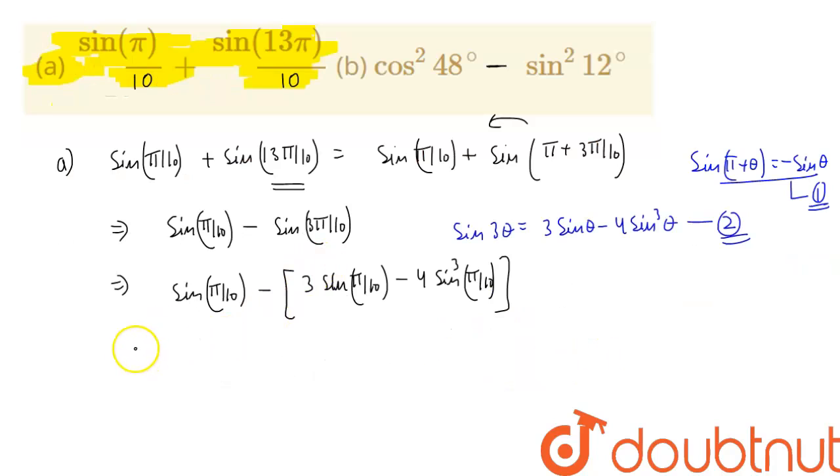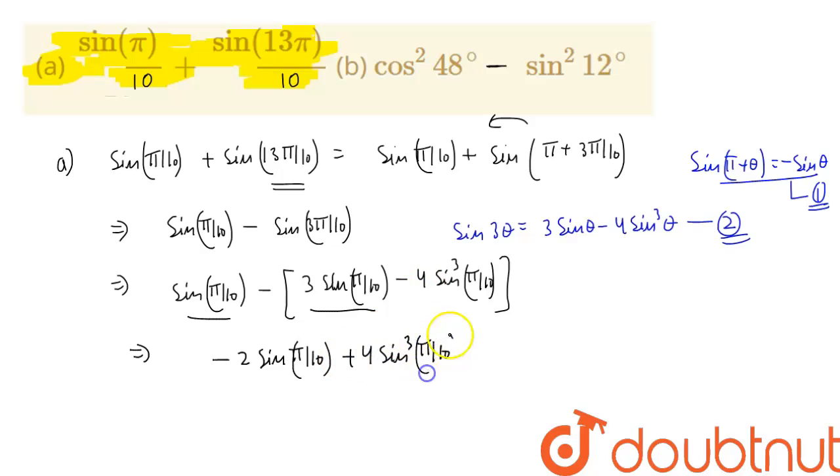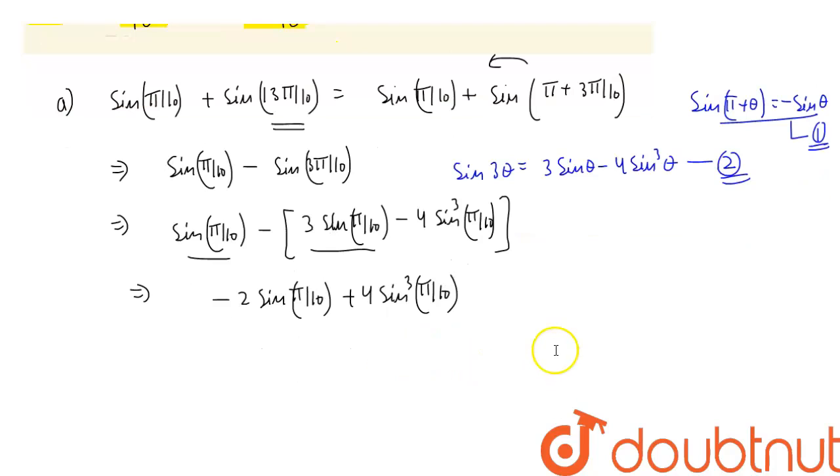Now if we solve this ahead, we have sine pi by 10 and minus 3 sine pi by 10, so it would be minus 2 sine pi by 10, and then minus minus plus 4 sine cube pi by 10. So here we have got everything in terms of sine pi by 10.